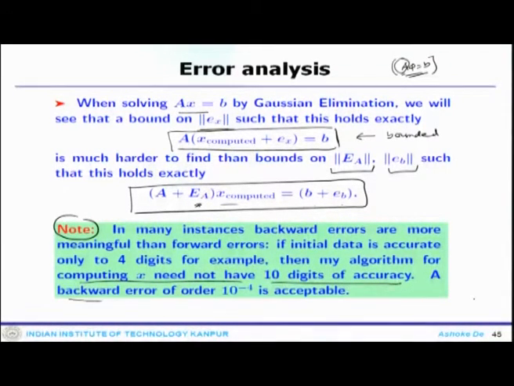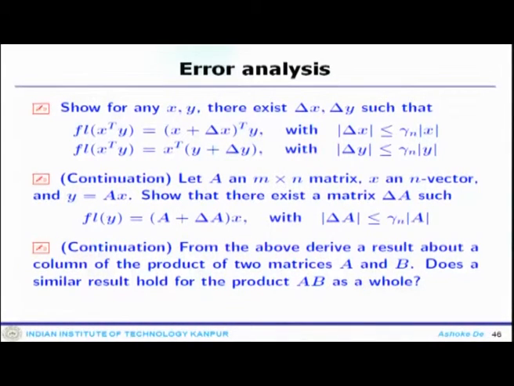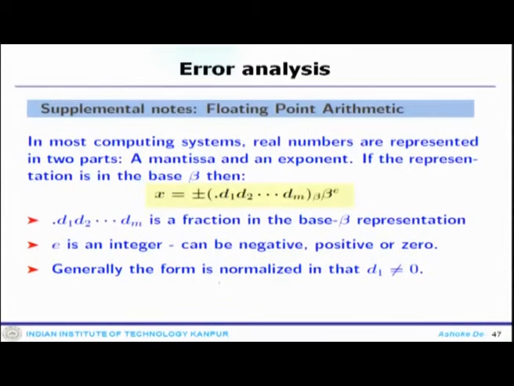A backward error of order 10 to the power minus 4 could be acceptable. So, this is a very important note one needs to keep in mind. Now, these are things which one can show.